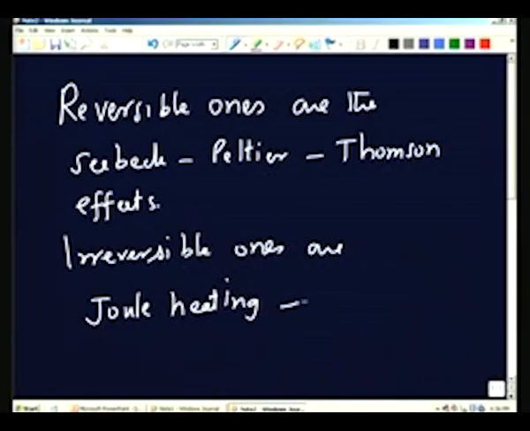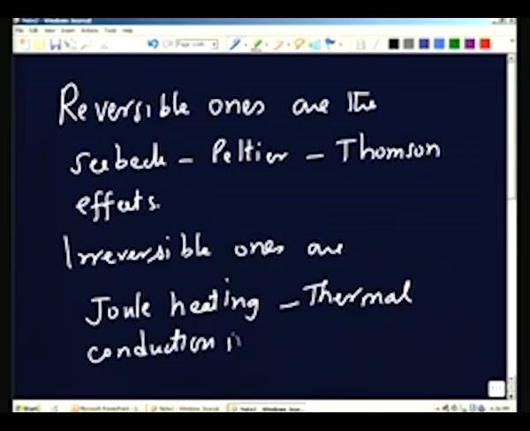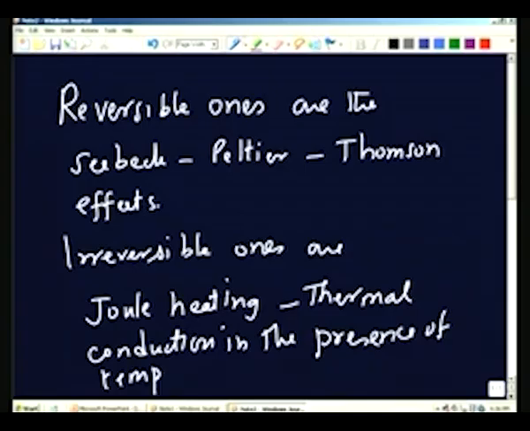And the second one is thermal conduction or heat conduction, thermal conduction in the presence of temperature gradients. That means, if the temperature is varying within a material from position to position, there would be irreversible transfer of heat from a high temperature region to a lower temperature region.